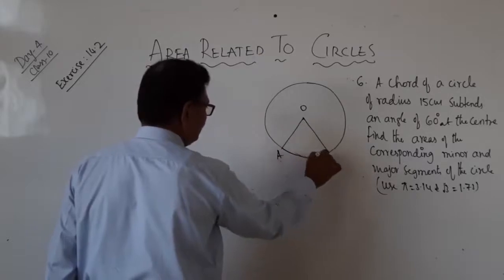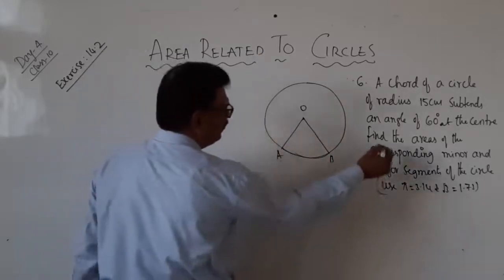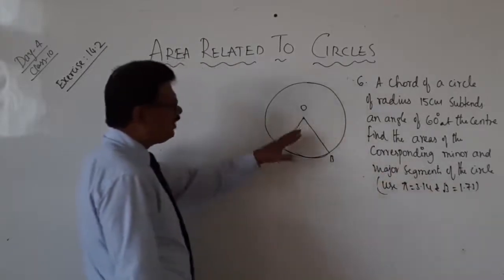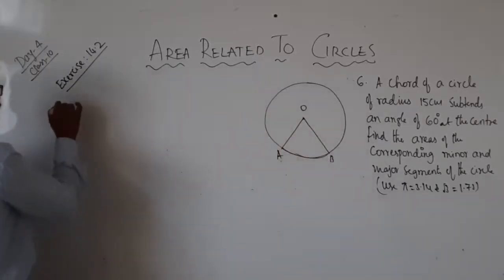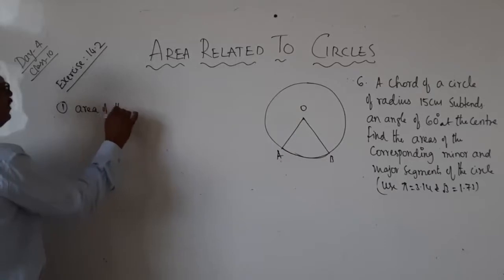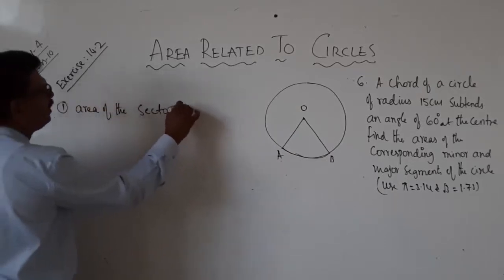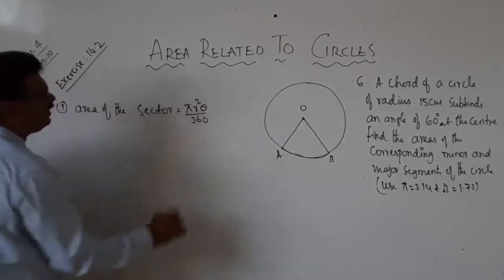So that means OAB is the sector. First we find out the major segment, minor segment; before going to that we have to find out some of the things. Okay? We find out first the area of the sector, which is equal to pi r square theta by 360.